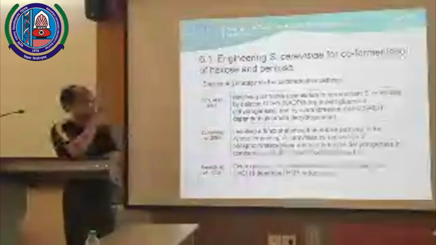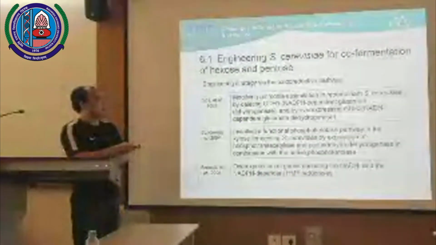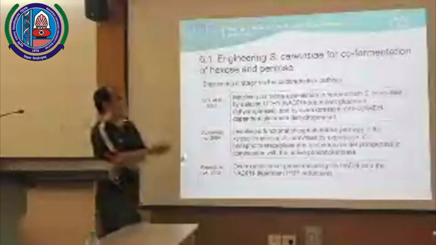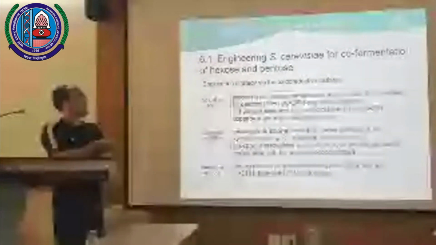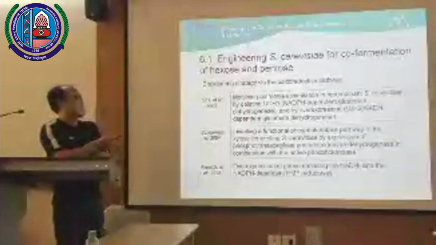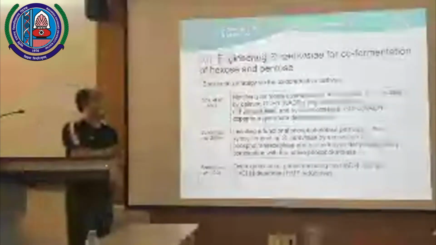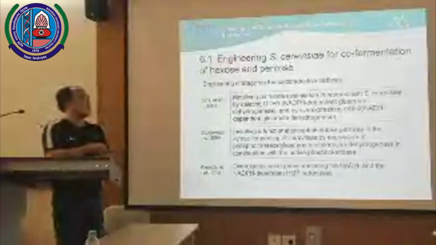It catalyzes oxidative reduction, and by overexpressing another gene, this way it provides a better electron acceptor balance for the engineered yeast, and it helps increase the final ethanol from fermentation.